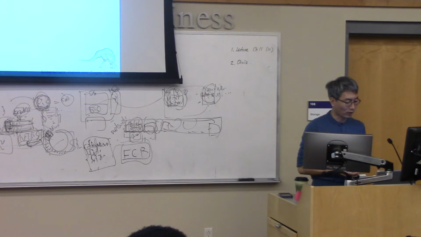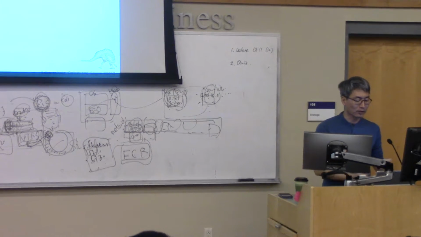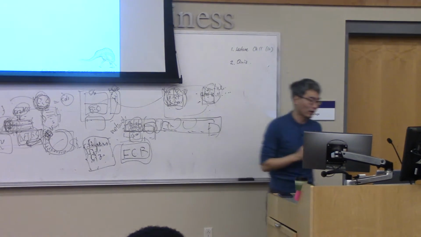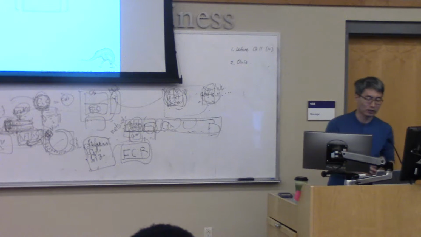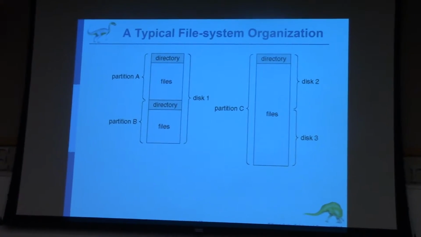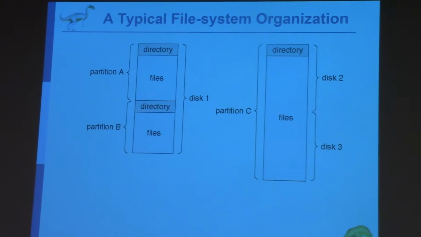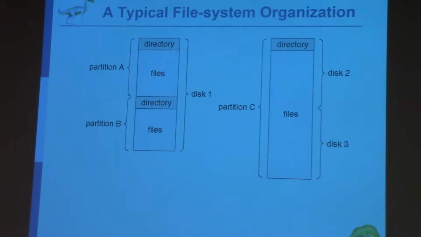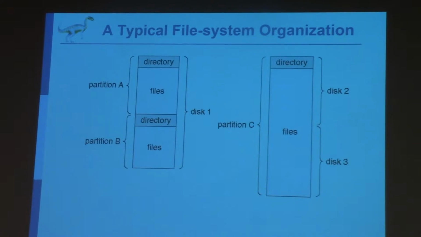So we already saw such a disk structure. We already discussed this one before. So this is a typical organization of the file system. Let's say we have one disk.